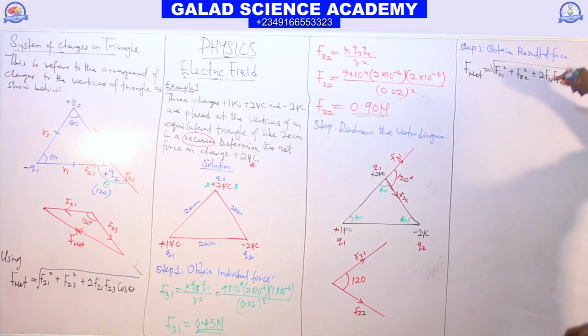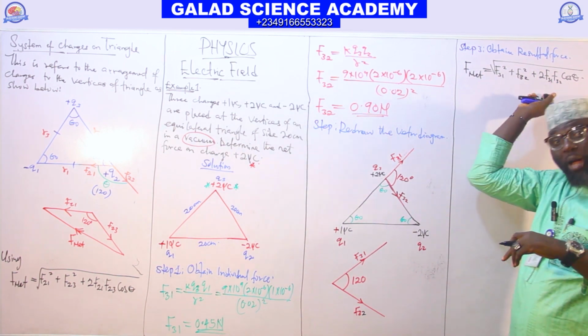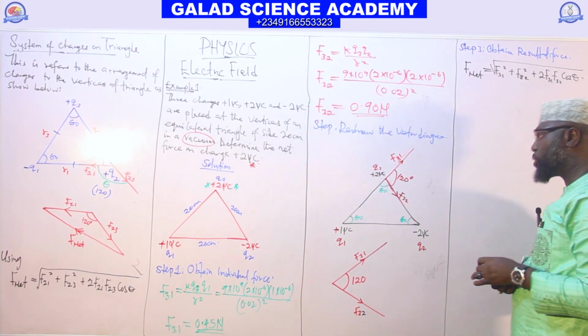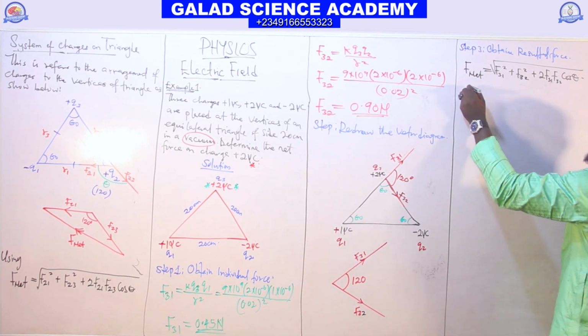This is what we call the modified cosine rule. If it's the cosine rule, you put minus, so not minus, we use plus. This is the modified cosine rule.